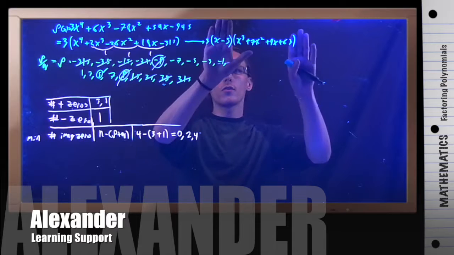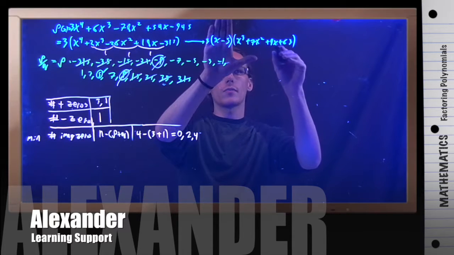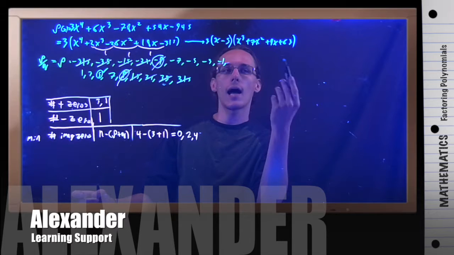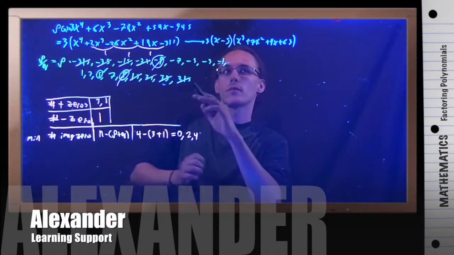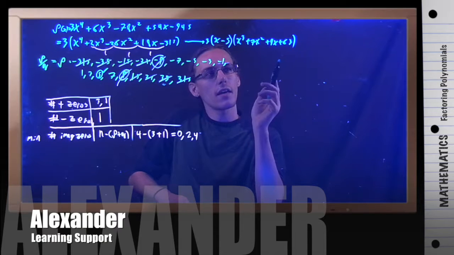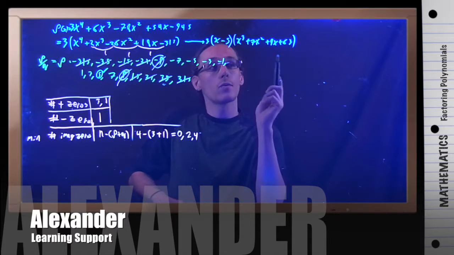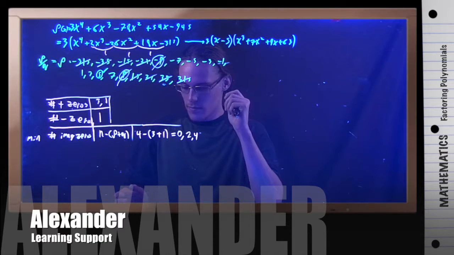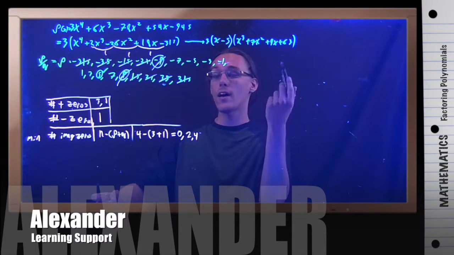I could look at this polynomial on its own, x cubed plus 7x squared plus 9x plus 63. And if I list out the factors of that, I'm going to get the same factors. A 9 would go into here. I'm going to get a 3 and a 7. I will not get a 5, I believe. Let me double check that. Yeah, 63 is not divisible by 5.